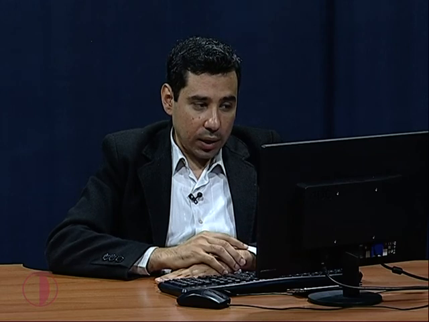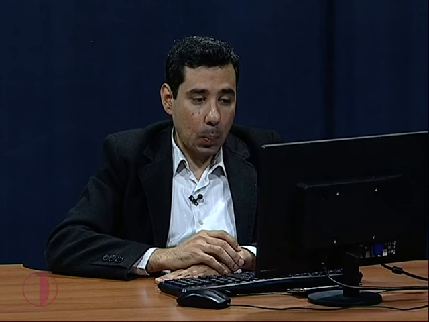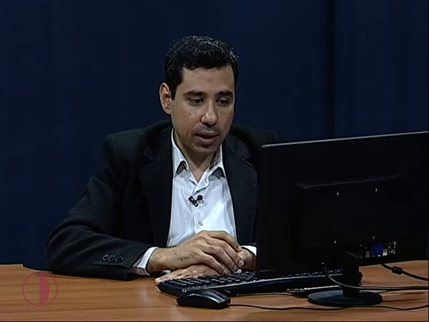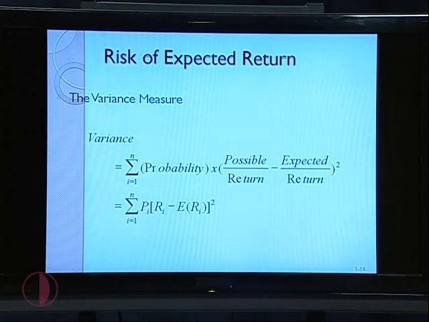We calculate the summation of probability multiplied by possible return minus expected rate of return, squared. The difference between possible return and expected return squared, multiplied by probability. That's the variance measure.